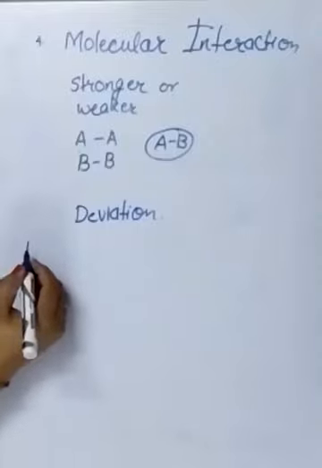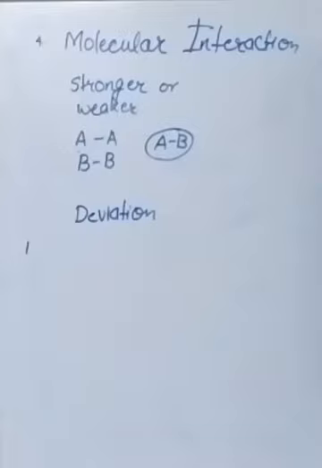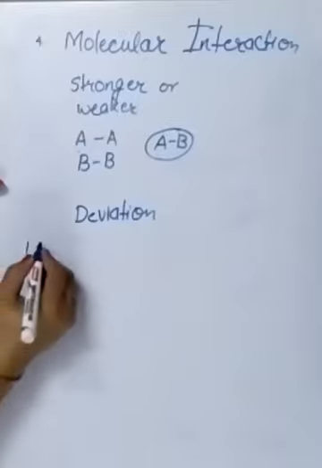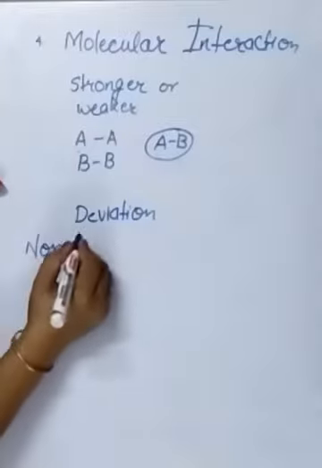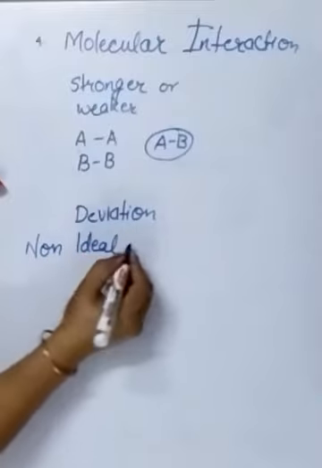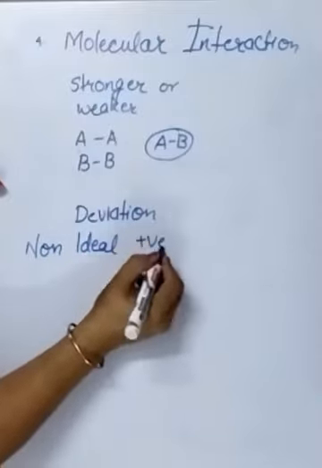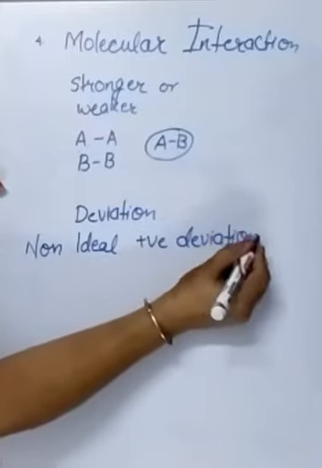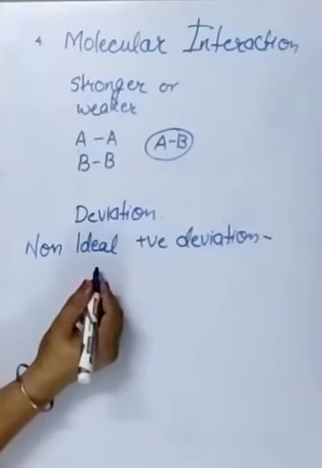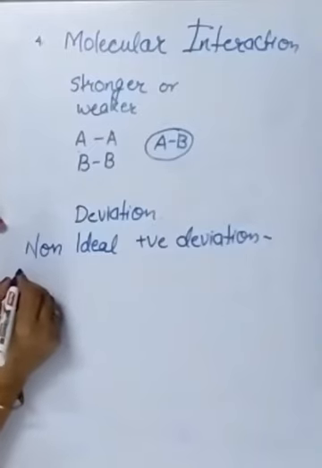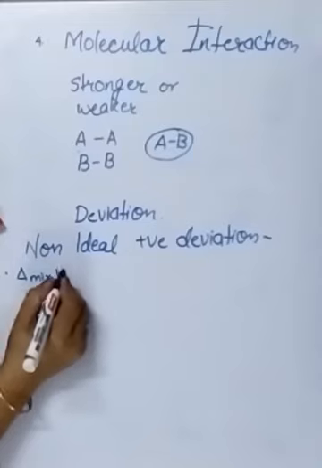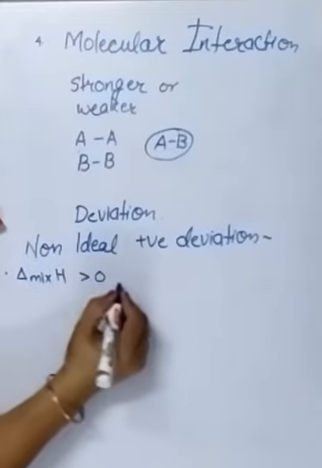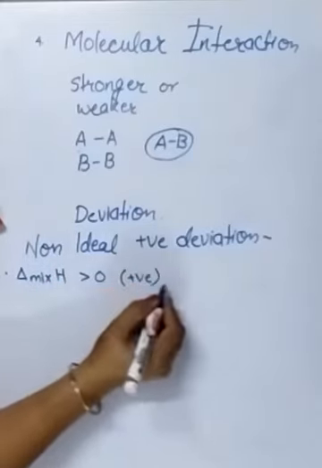Now, we'll see the non-ideal solution showing positive deviation from Raoult's law. Positive deviation means what? Here, del mixing H, enthalpy, is greater than 0, that is positive.